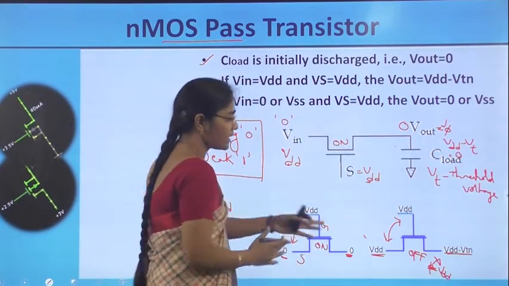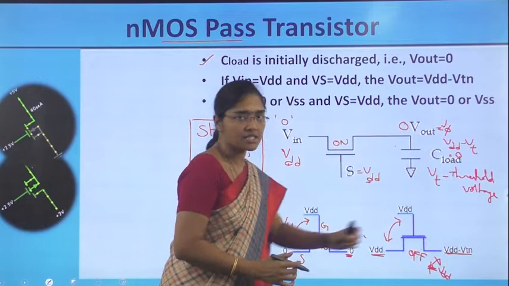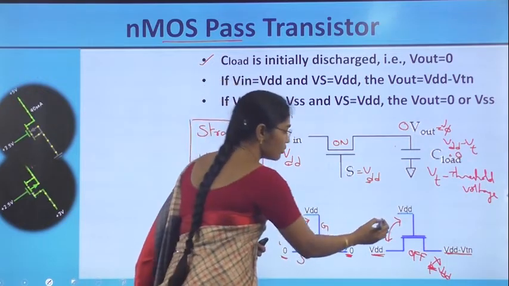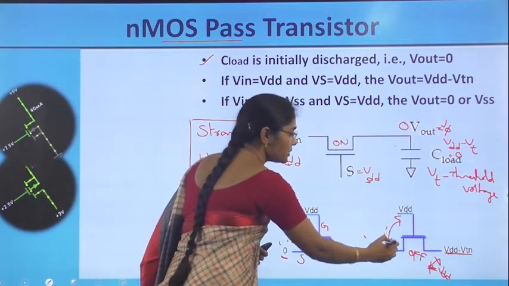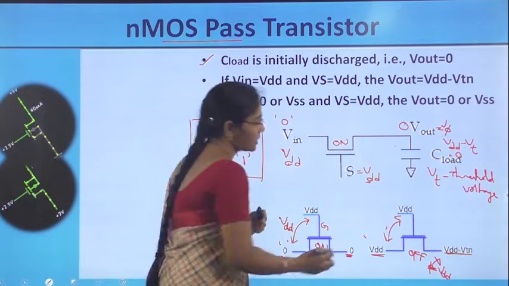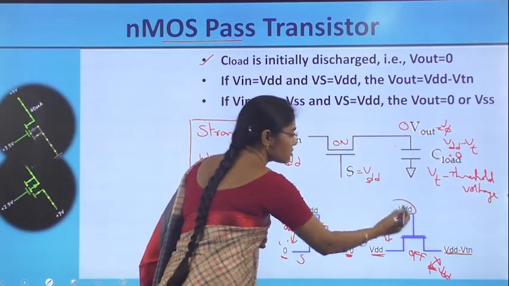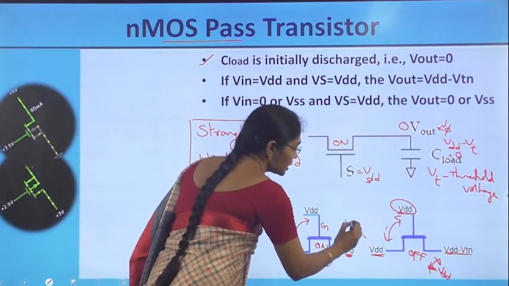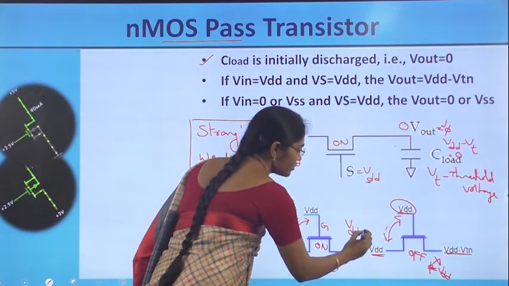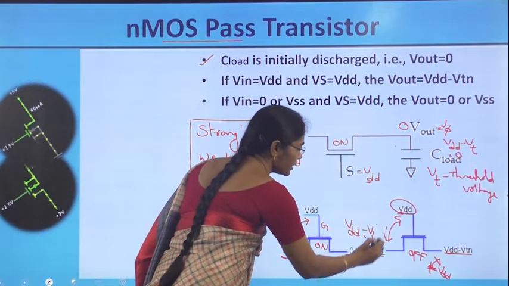And then what is the maximum value which passes here? The difference must be at minimum equal to VT. Gate potential is always VDD, we can't change it. So the input potential is VDD minus VT.